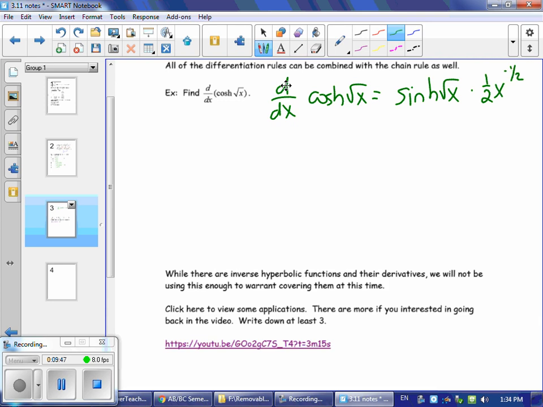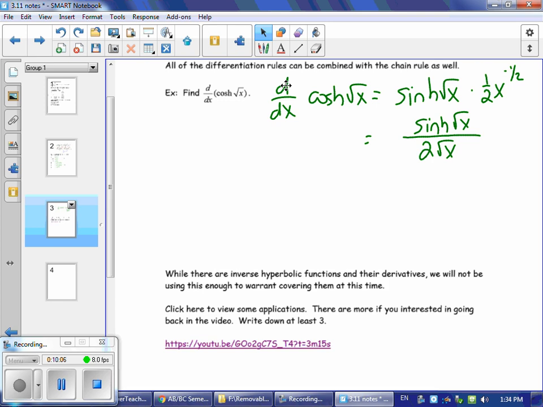So just simplifying the way that looks, that's going to be sinh square root of x over 2 root x.